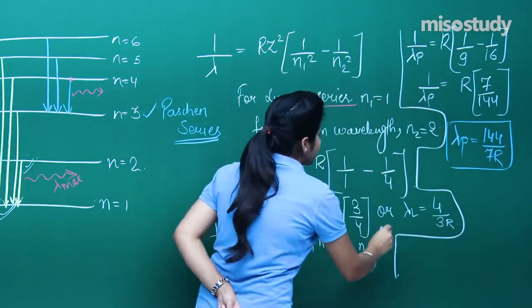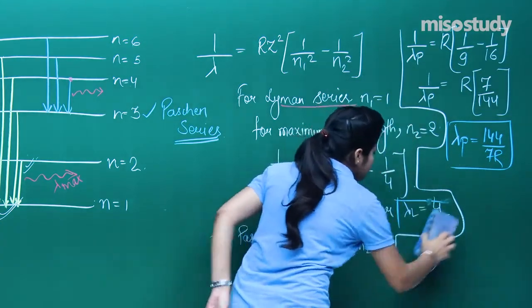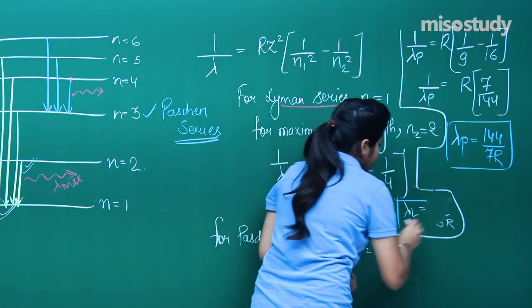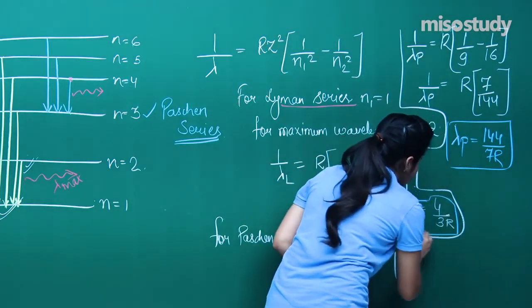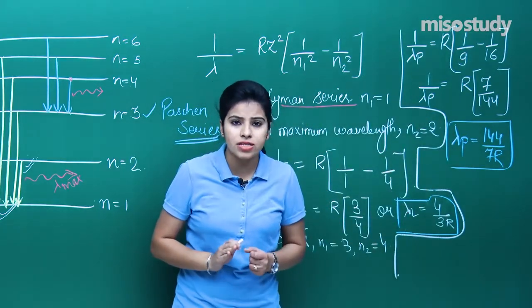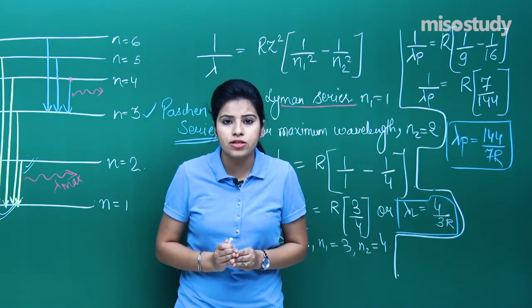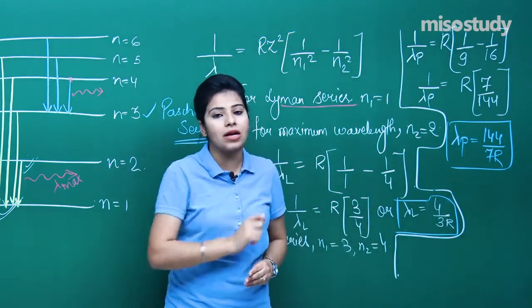Now you are having these two with you. Lambda L equals 4 by 3R and lambda P as 144 by 7R. What has been asked in the question? The ratio of these two. The ratio of the maximum wavelength of the Lyman series to the Paschen series.